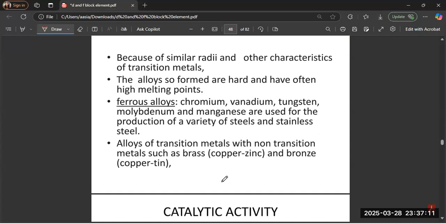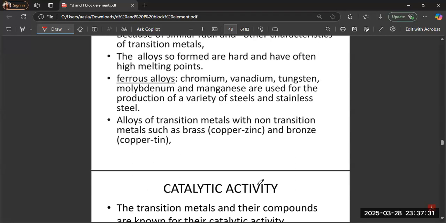Alloys of transition metals with non-transition metals include brass, an alloy of copper and zinc, and bronze, an alloy of copper and tin.